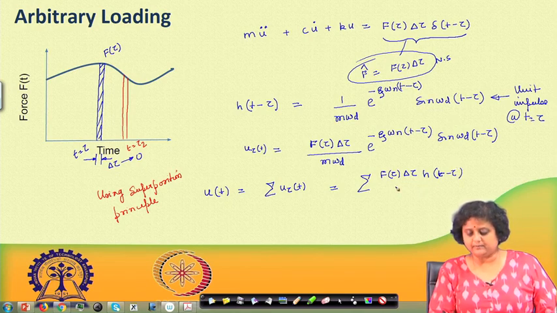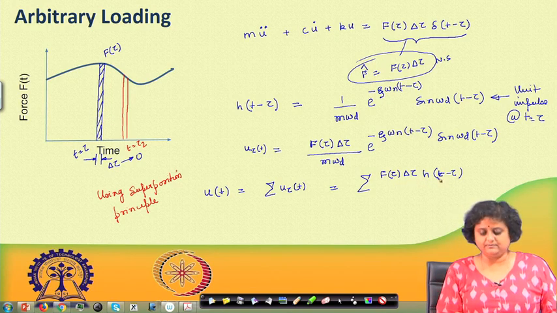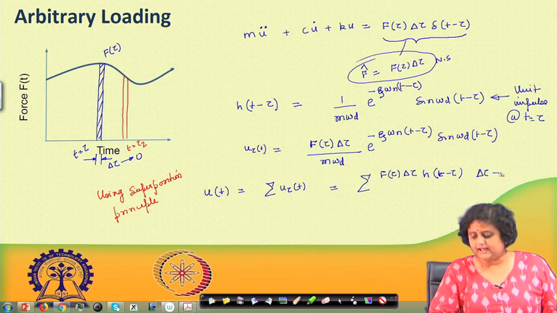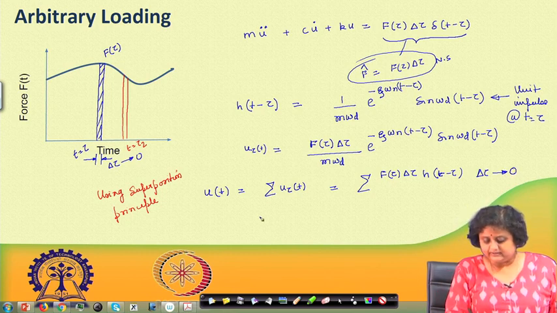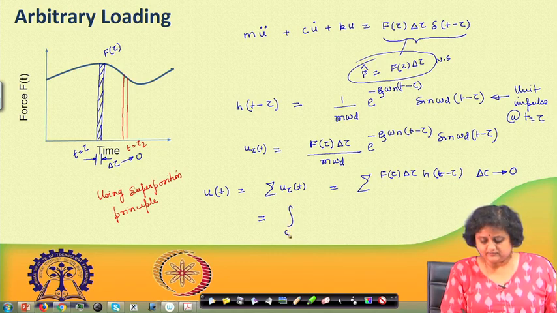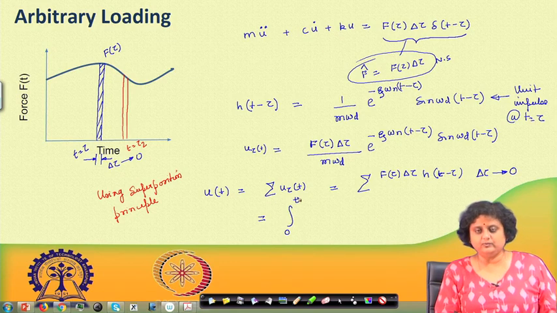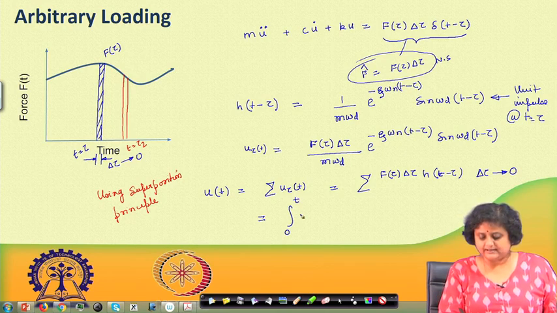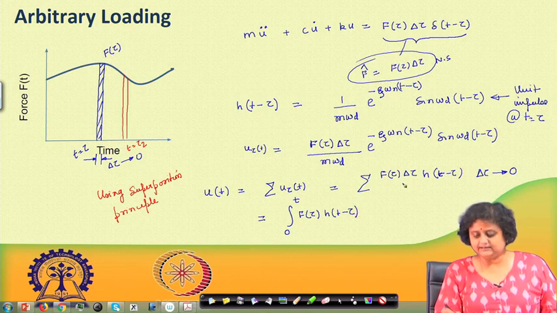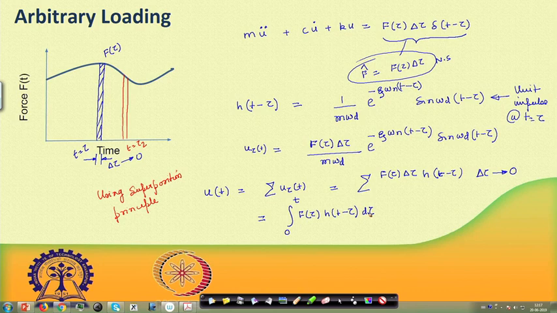Now, since del tau is very small and tending to 0, this can be replaced by a summation over 0 to t, the time for which I wish to evaluate the response, of f tau into h of t minus tau, and this del tau is going to be replaced by d tau.